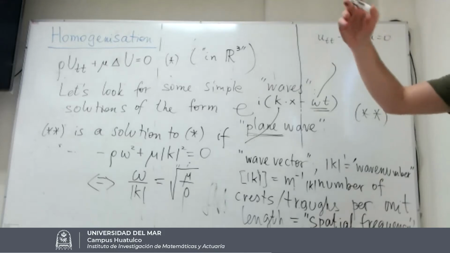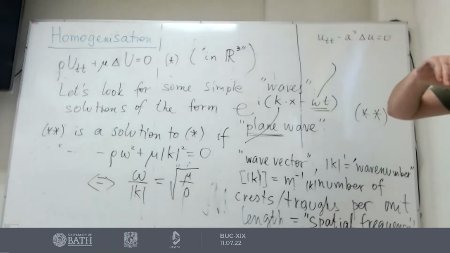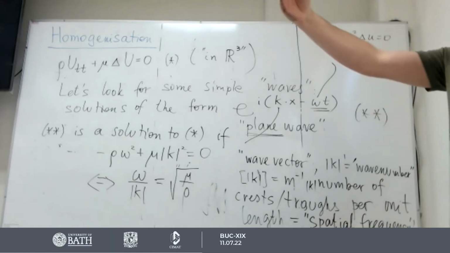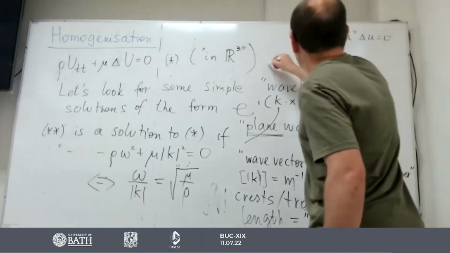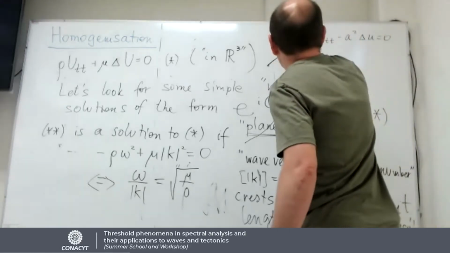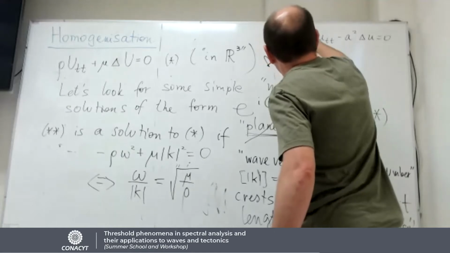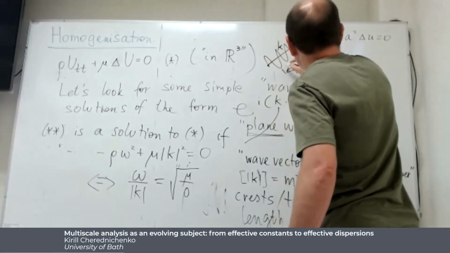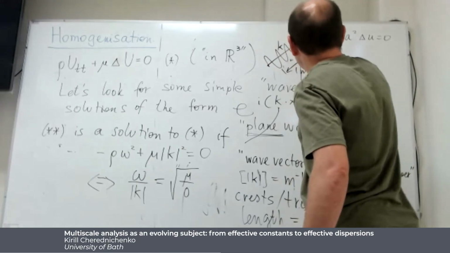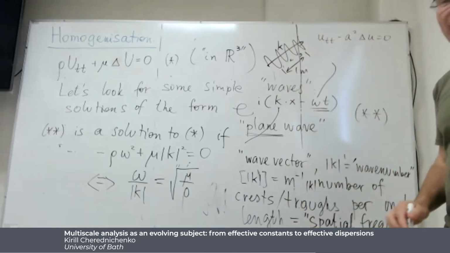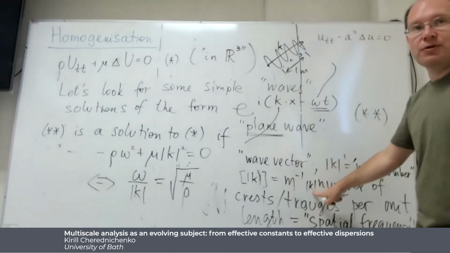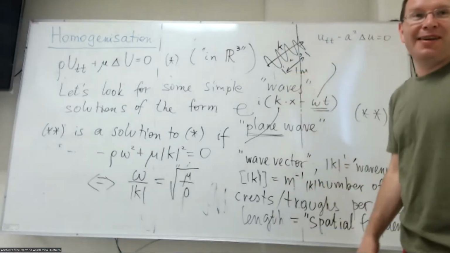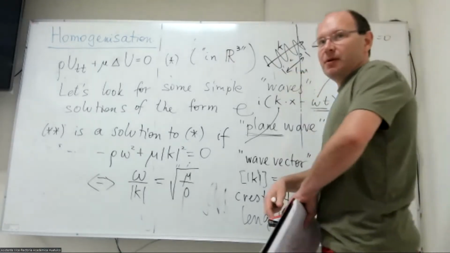The k is a vector, so it gives a bit more information: the direction plus the number of crests and troughs. So you have k, and this is 1 meter, then you have 1, 2, 3, so the wave number, modulus of k, will be 1/3 meters inverse.